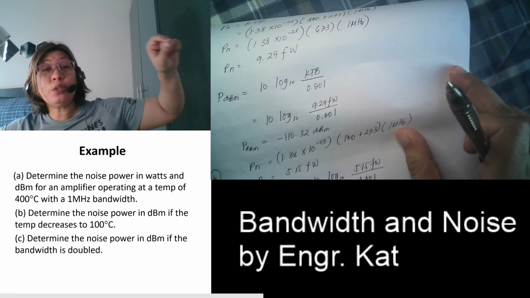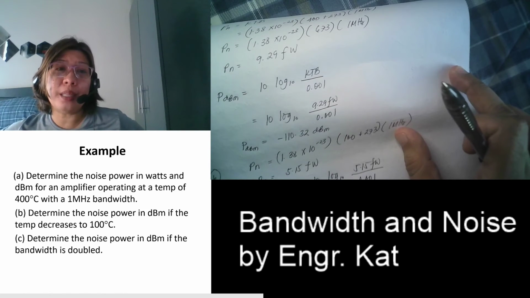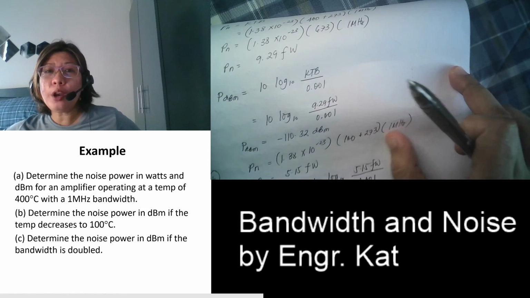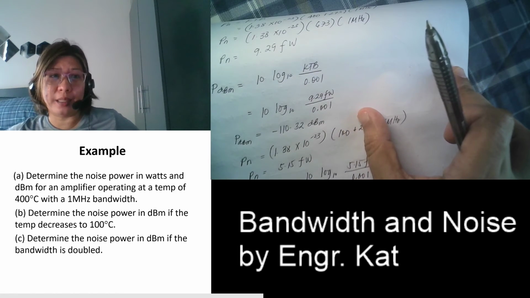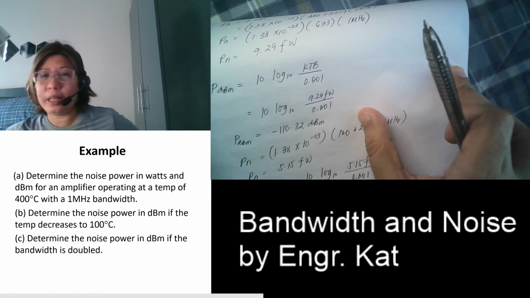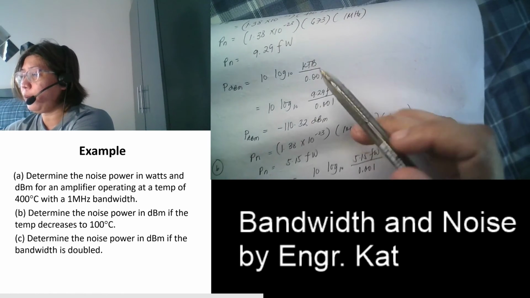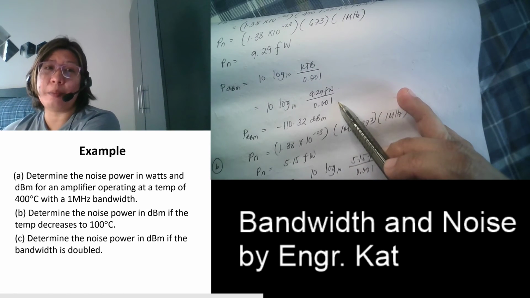So imagine, your femtowatts is raised to negative 15. How many 0.00000 is that? But if we express that in terms of decibel, we just have a value which is equivalent to negative 110. Okay, so why negative? Because your numerator in femto is lesser than your denominator.